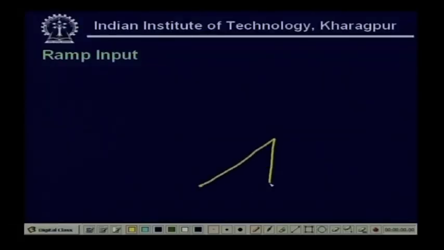Now, we should consider the ramp input. A ramp input is not very usual. In an instrumentation system it is very difficult to give a ramp input, but in electrical systems it is very necessary; you will find in some cases you have to give the ramp input. One good example of a ramp input is the sawtooth waveform, which you give in many electrical circuits.